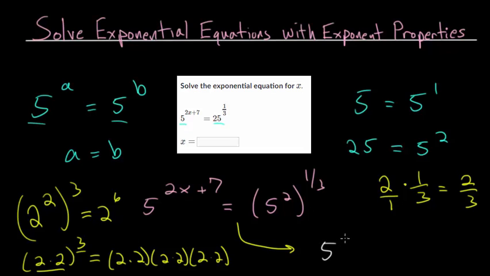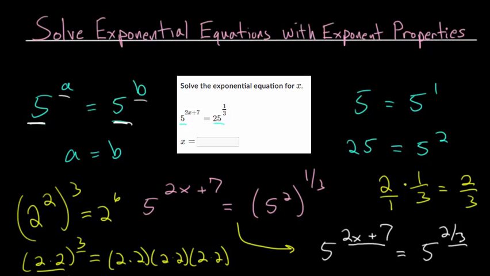We have 5 to the 2x plus 7, the left-hand side doesn't change, is equal to 5 to the 2/3 power. And like I mentioned above, once you get the bases equal to each other, the only way that this equation is true is if the exponents are themselves equal to each other. So we're going to set this 2x plus 7 equal to 2/3.